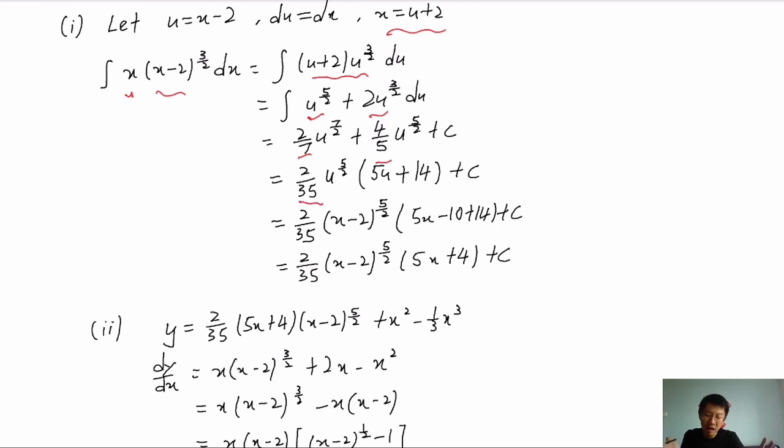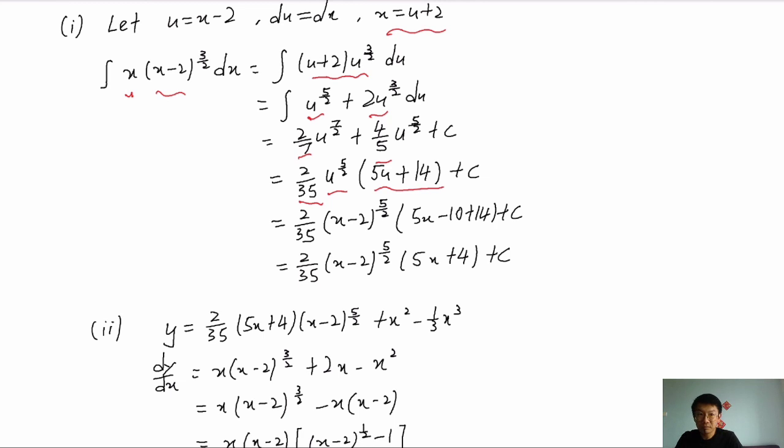So from there, let's factorize out the 2 over 35 from both terms. And also we have x minus 2 to the power of 5 over 2, which is our u to the power of 5 over 2, so we also factorize out u to the power of 5 over 2. If we do this, the terms that remain are 5u plus 14.